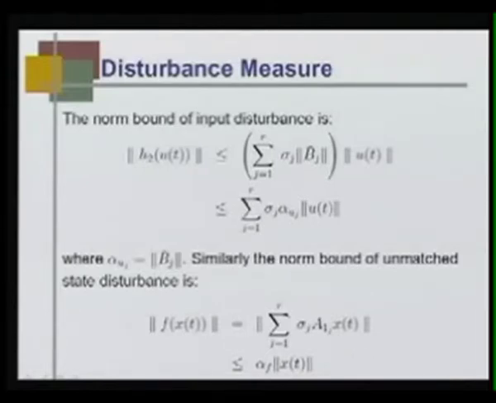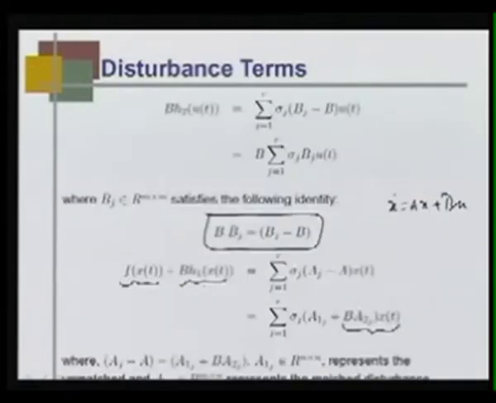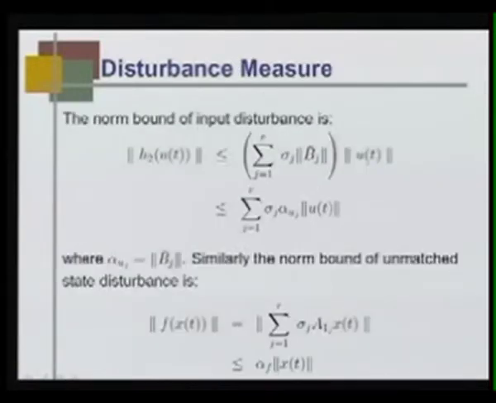The norm bound of the input disturbance, which is S2 u(t), is given here. S2 u(t) is the sum over j equal to 1 to r of B bar j u(t).